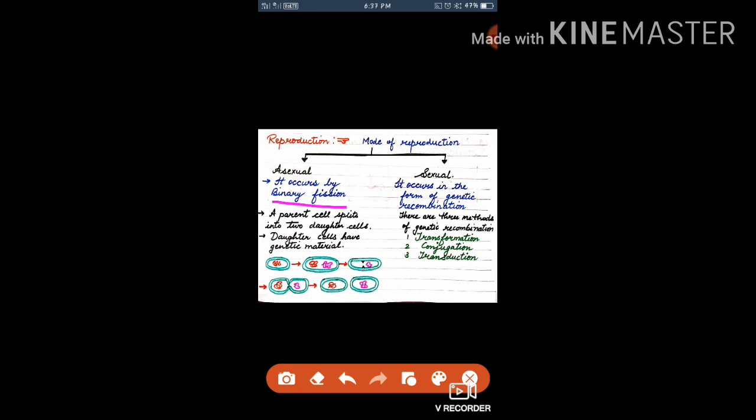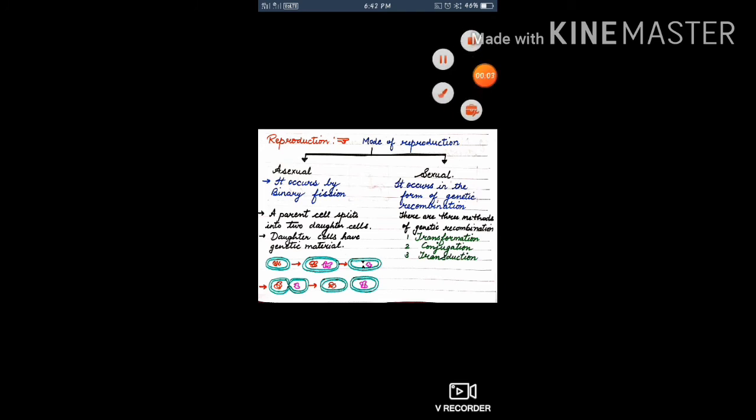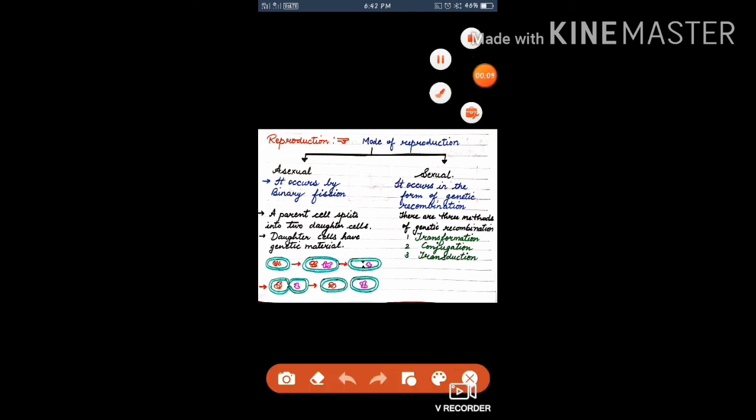During the process, a bacterium divides into 2 identical cells under favorable conditions. These new identical cells are called daughter cells. Daughter cells have genetic material. As the picture shows, the parent cell has a single DNA.